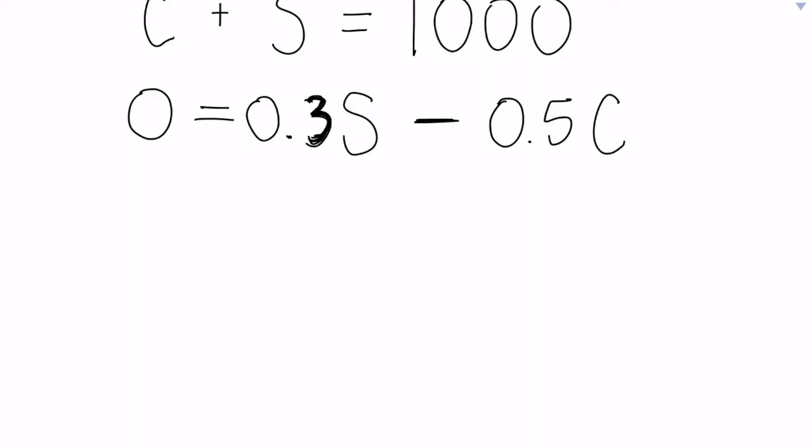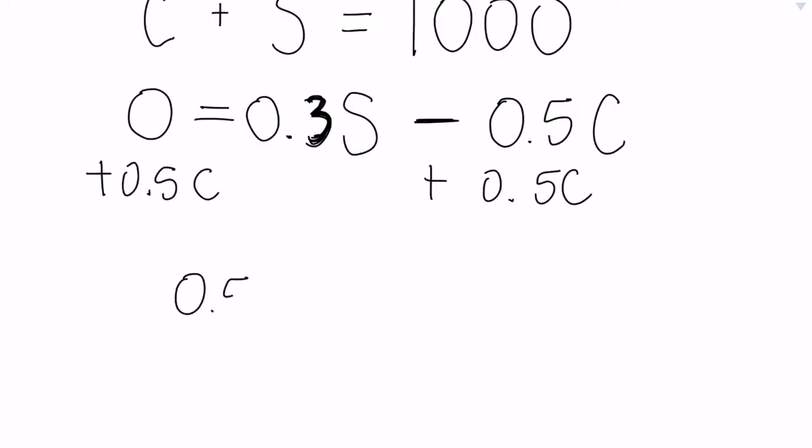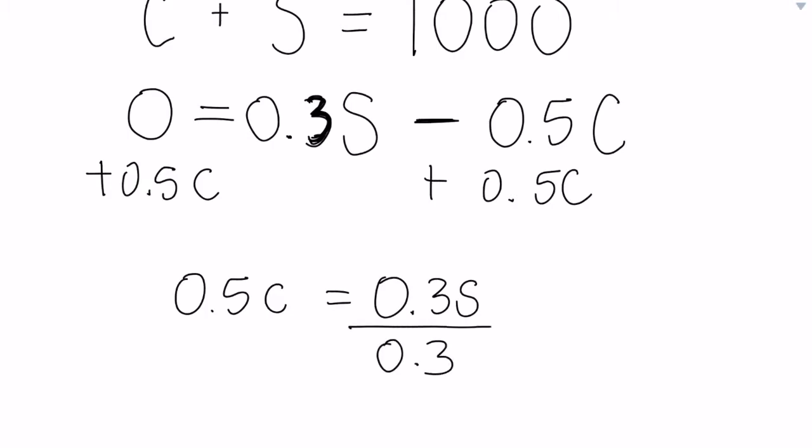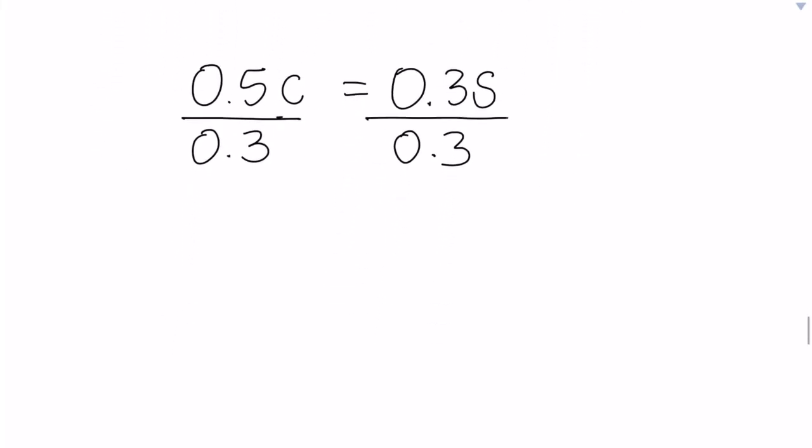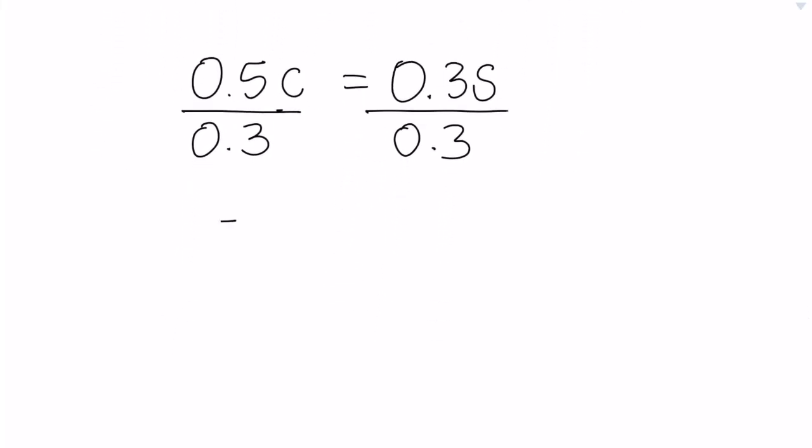I'm going to add 0.5c onto the other side. So we get 0.5c equals 0.3s. And I am going to solve for s, which means I'm going to divide by 0.3 on both sides, and I will end up with, and I'll leave it like this, 5/3 c equals s.